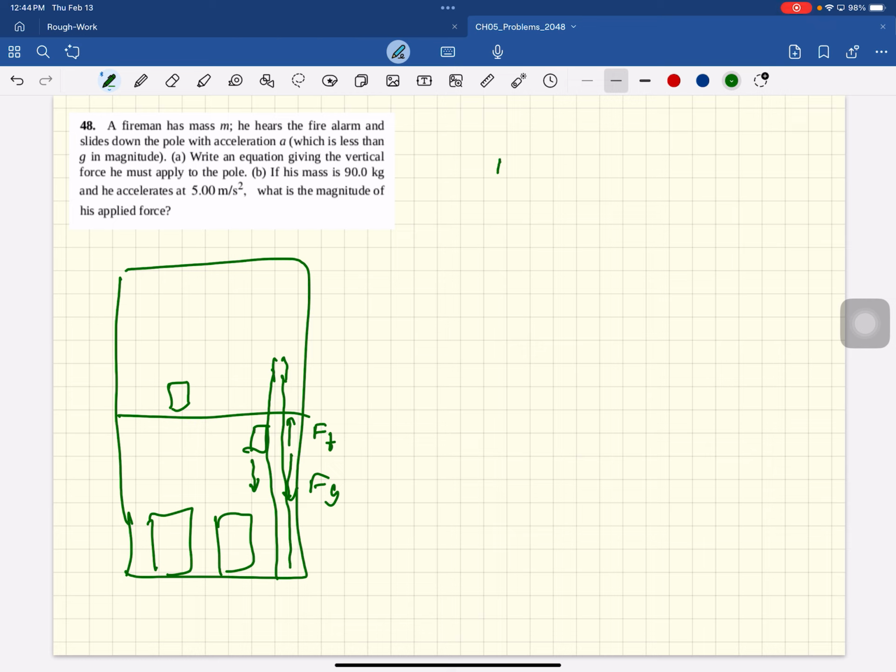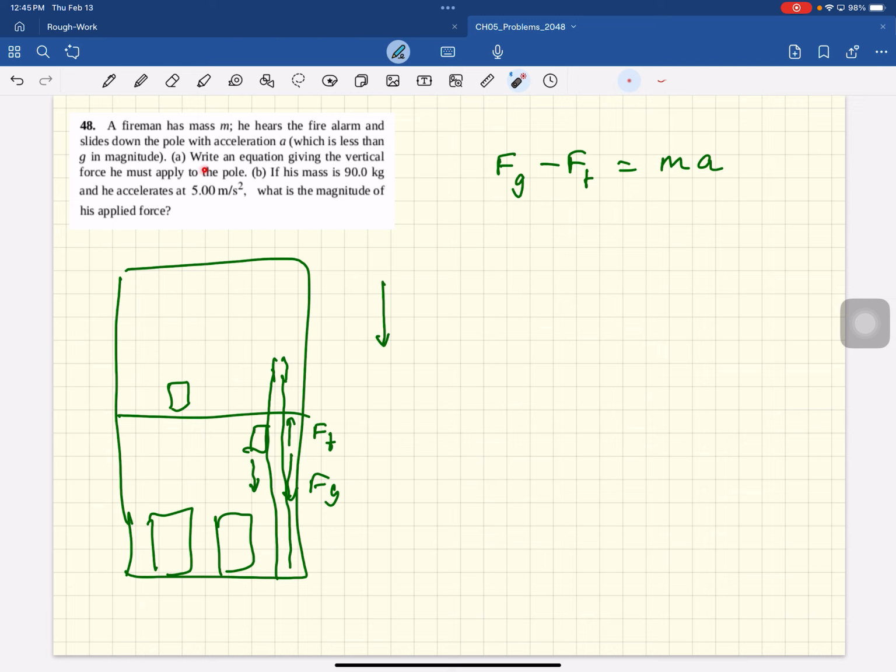Okay, so the net force is, and we'll take this direction to be positive, the force of gravity minus the friction force equal to mass times the acceleration. All right, so you see, if this friction force is equal to the weight of the person, then your acceleration will be 0. So you won't fall at all, okay? Assuming you start off at 0 velocity.